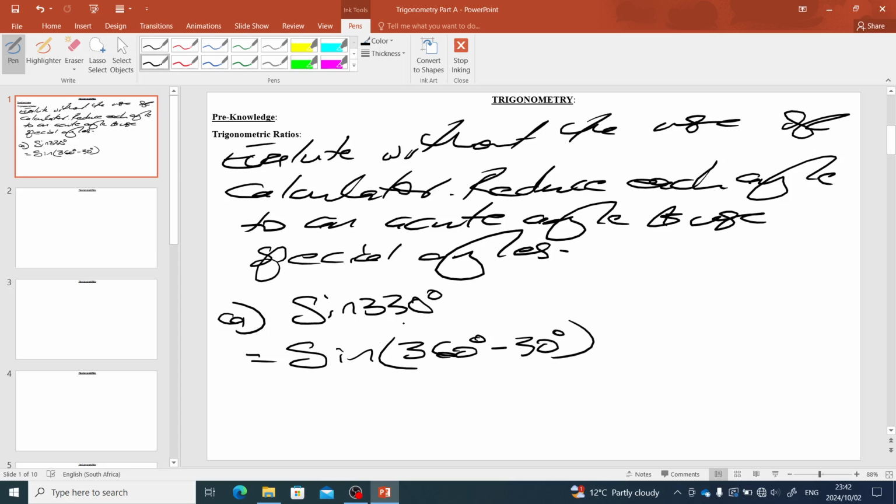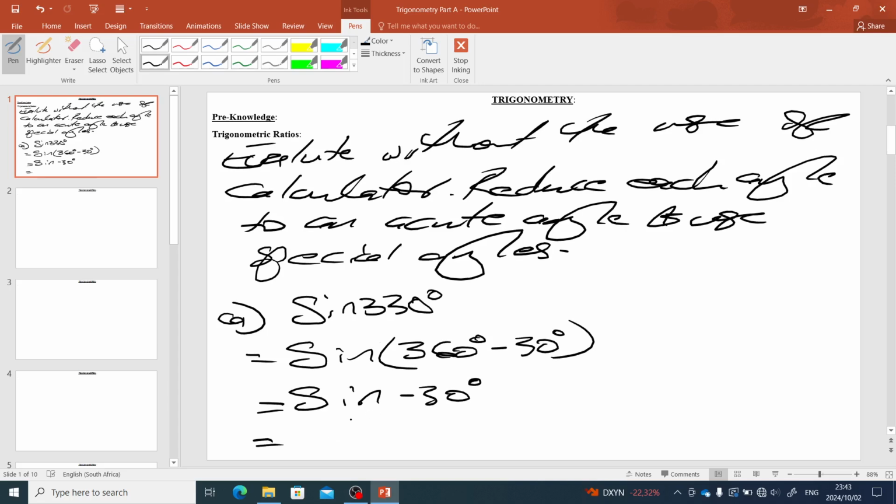When we minus 30 from 360, it will give us 330. Then we are left with sine negative 30 degrees.